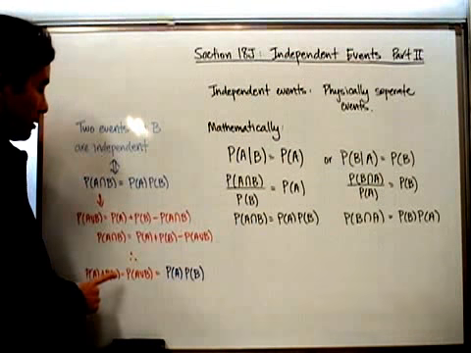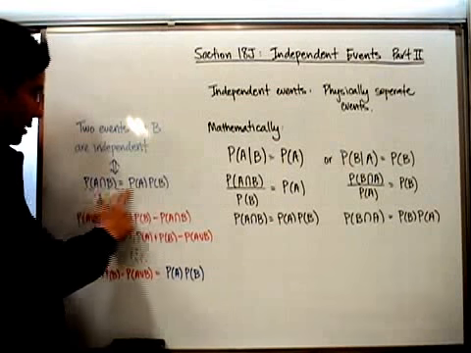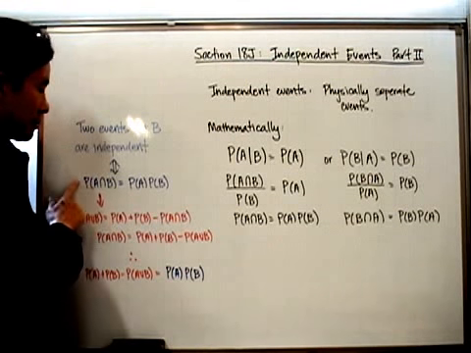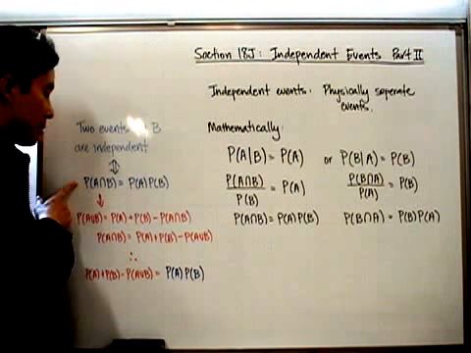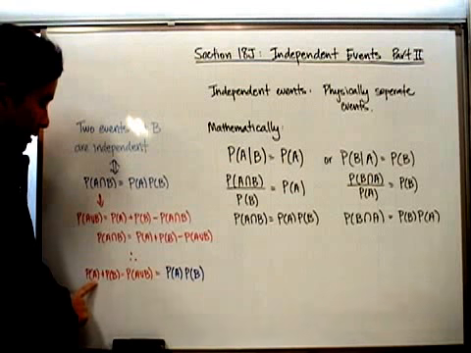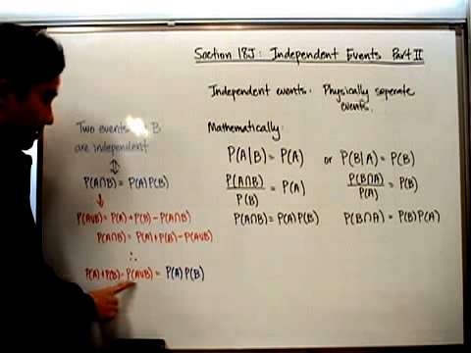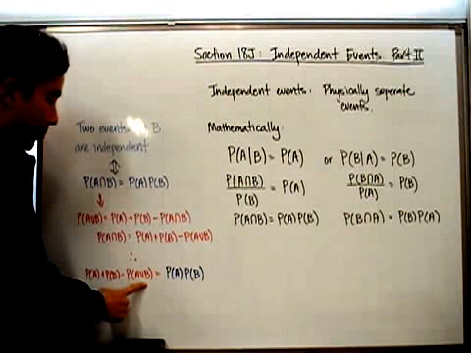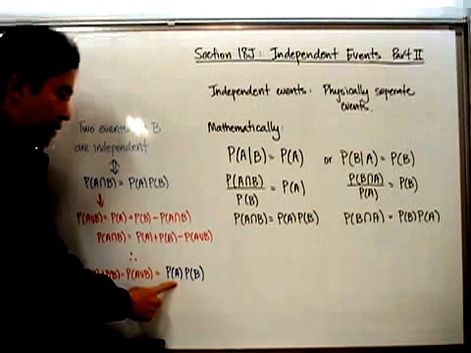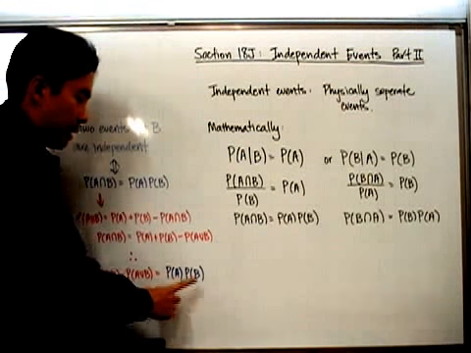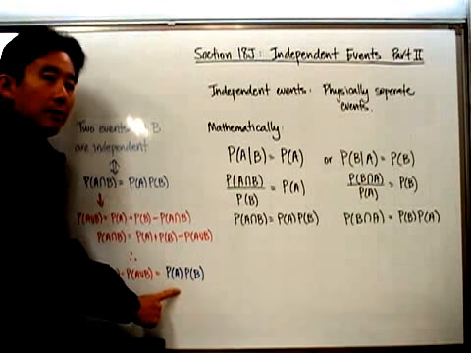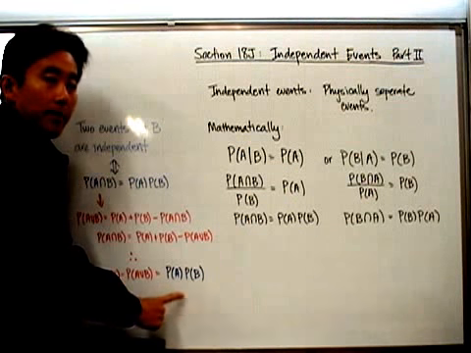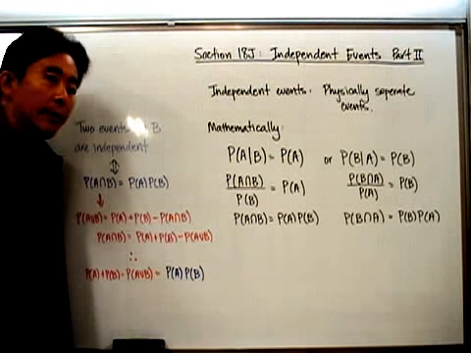Using this equation, which is what we need to show whether two events are independent or not, if we can show that the probability of A plus the probability of B minus the probability of A union B is the same thing as the probability of A times the probability of B, then you've shown that those two events are indeed mathematically independent events.